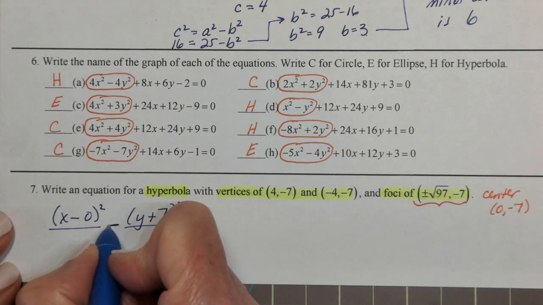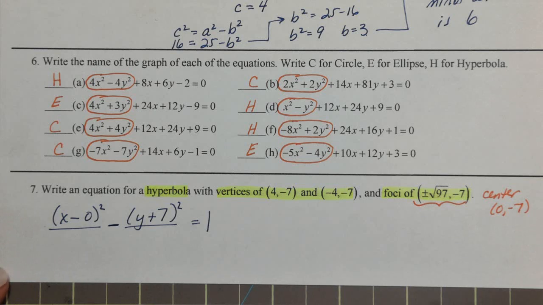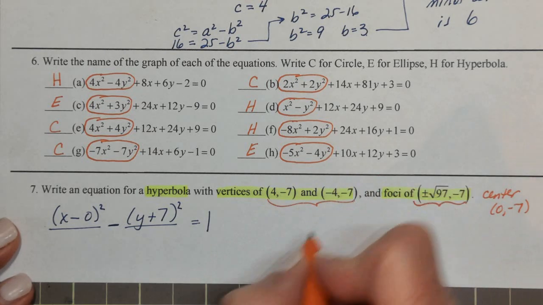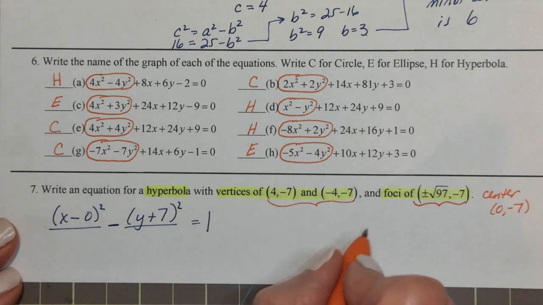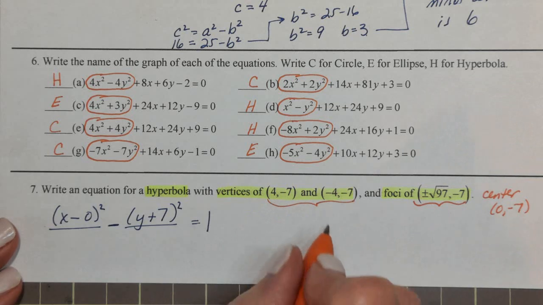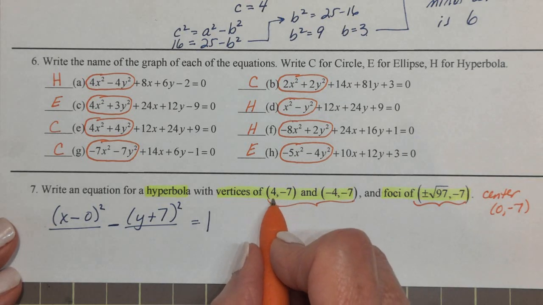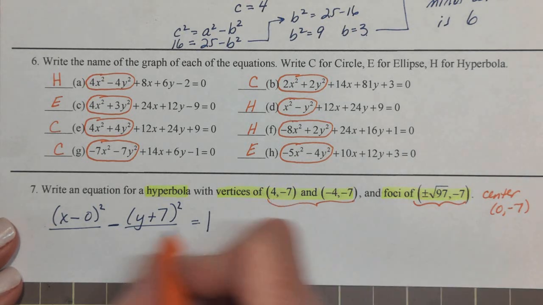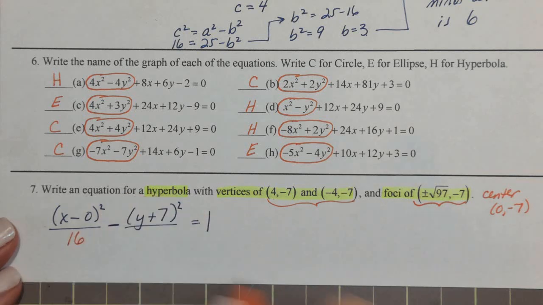I'm going to put the negative back here with the y's. Okay. Alrighty. Let's see. Right here. How far from the center is the vertex? From 0 to get to 4, you go 4 units. So this needs to be a 16 in the x direction.